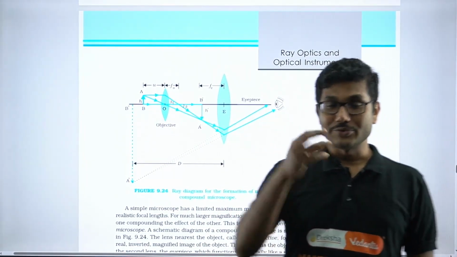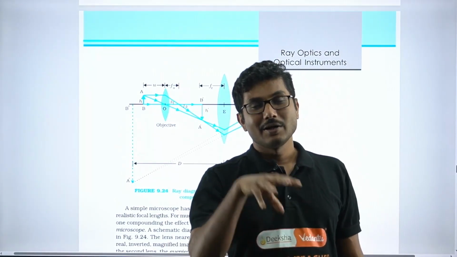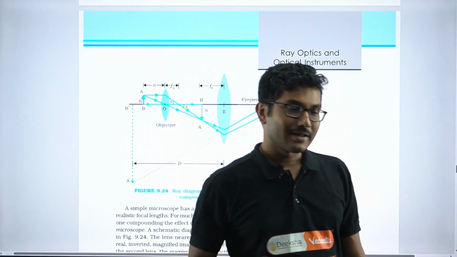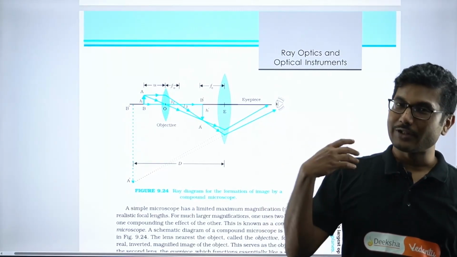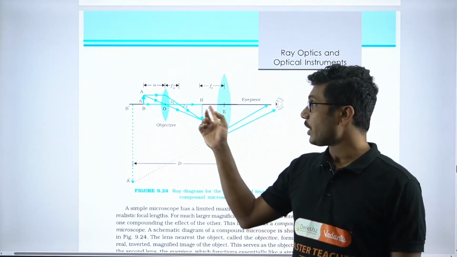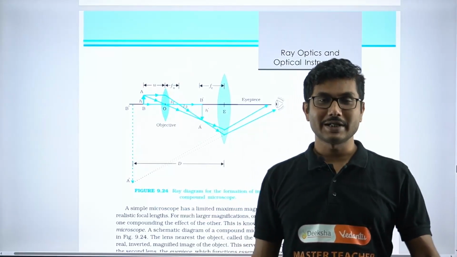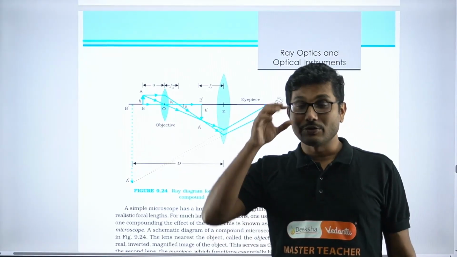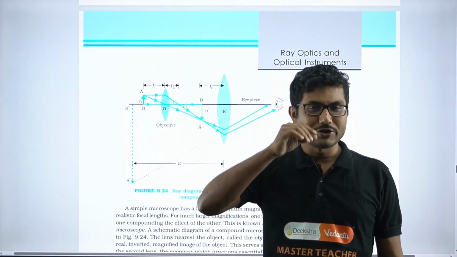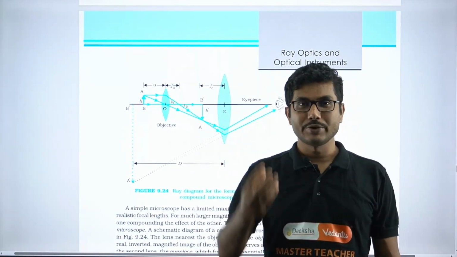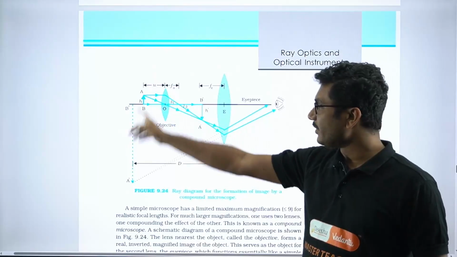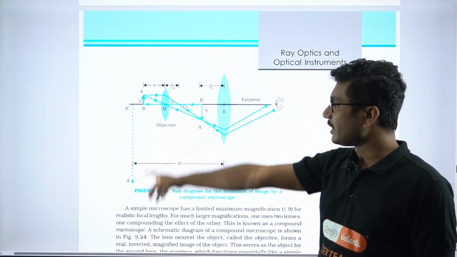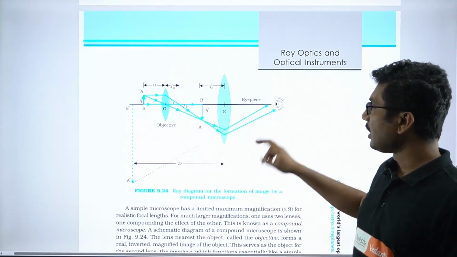The objective lens is the lens facing the slide, the petri dish, and the eyepiece through which you are observing is connected to the eye. Whatever faces the object is the objective, whatever faces your eye is the eyepiece. So you can see a very large inverted image through the compound microscope.